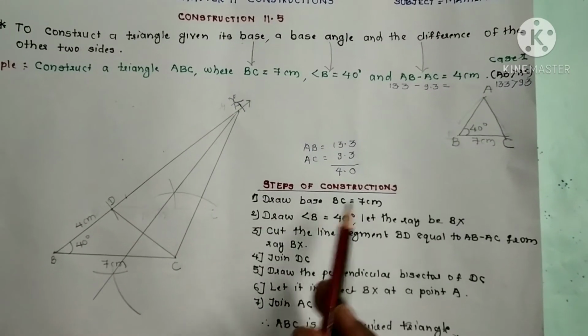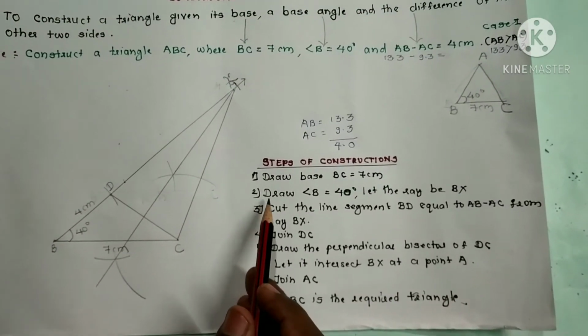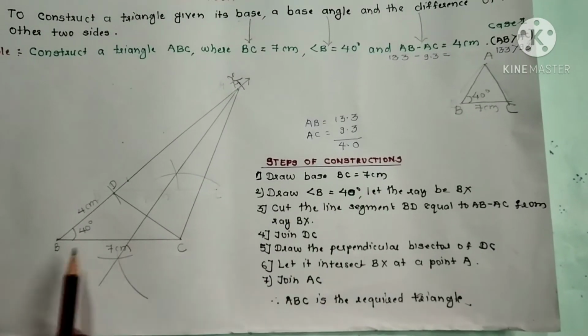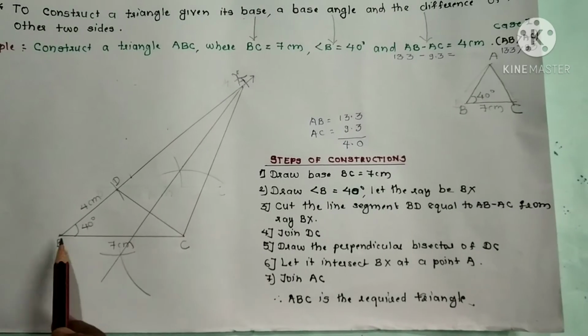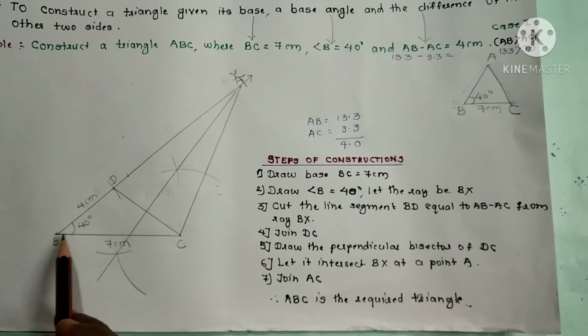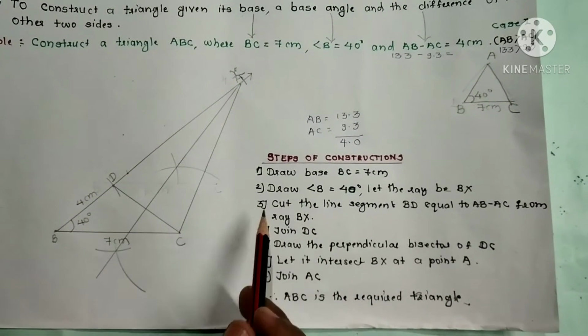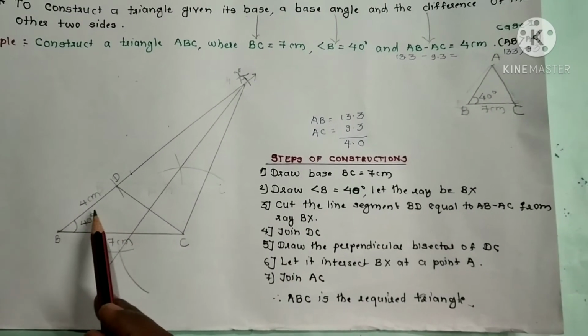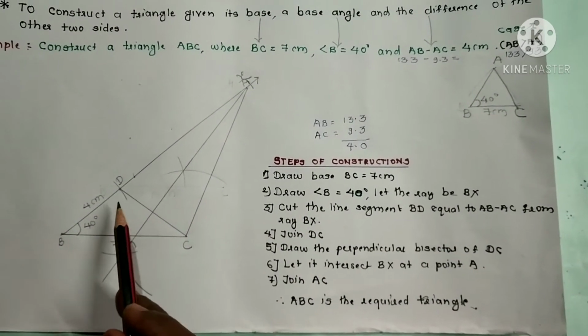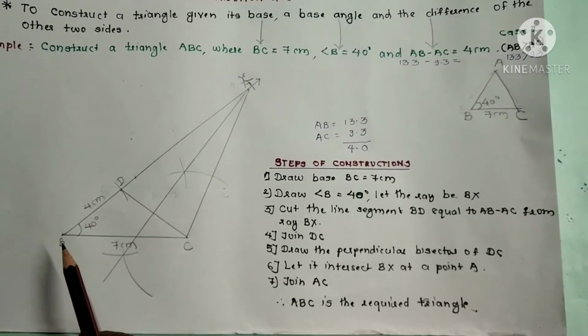Steps of this construction. First step is draw base BC is equal to 7 centimeters. Then second, draw angle B is equal to 40 degrees. Let the ray be BX. And the third step, cut the line segment BD equal to AB minus AC from ray BX.